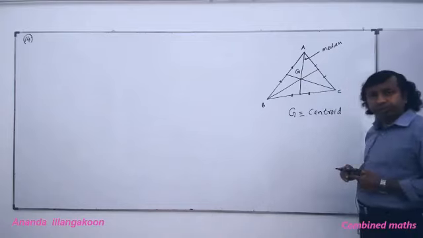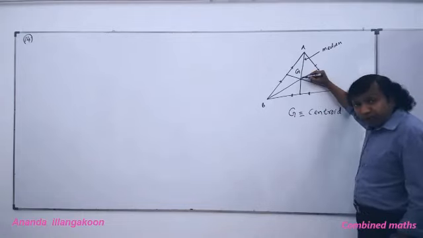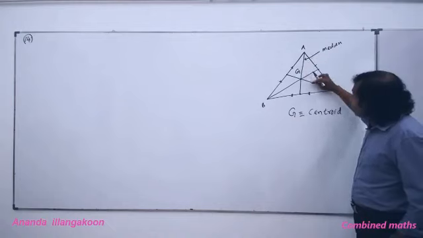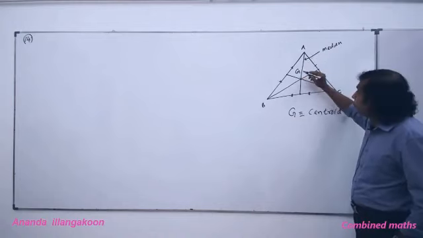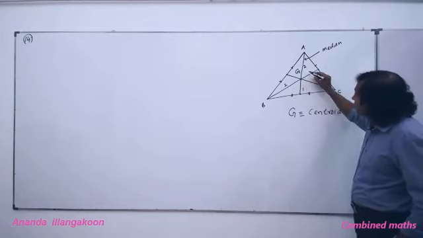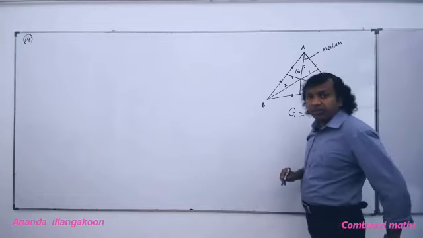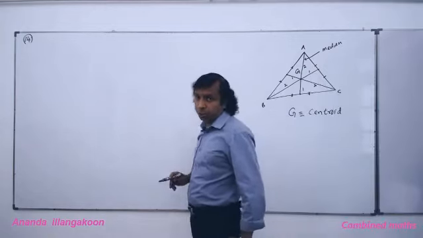This G, the centroid, divides each median in the ratio 2:1. And that's what we are asked to prove in this question.